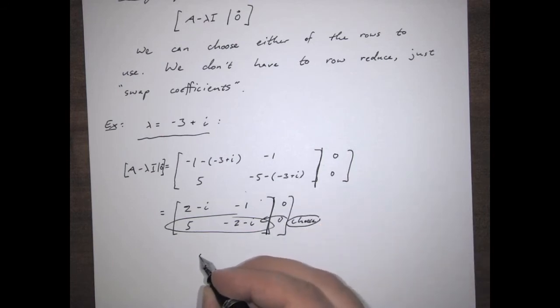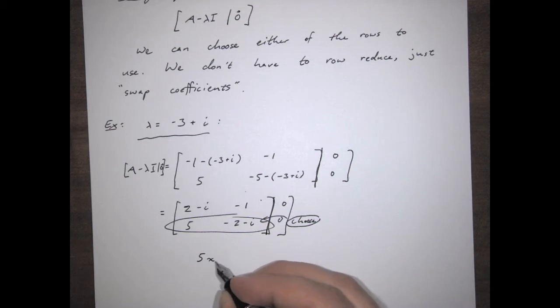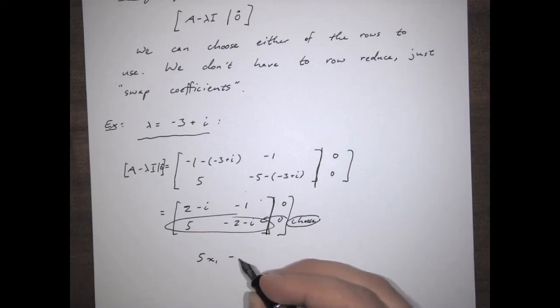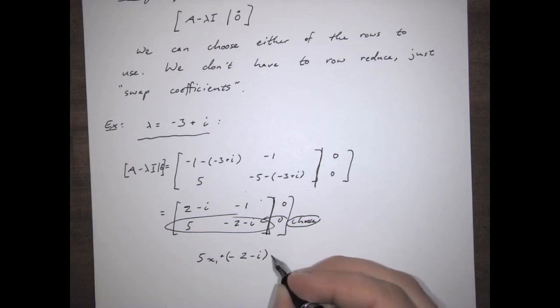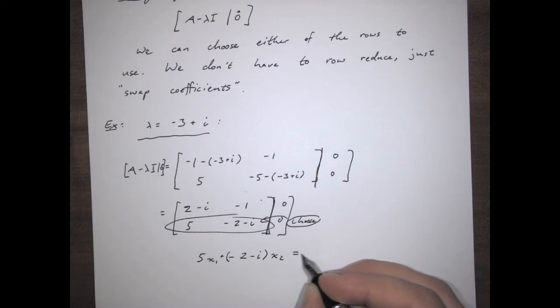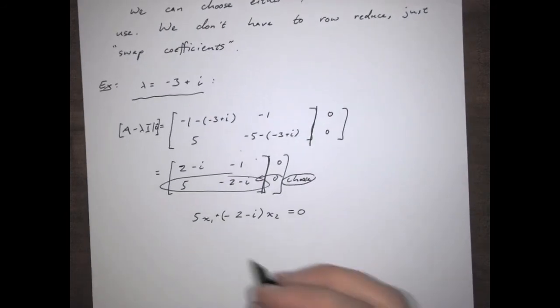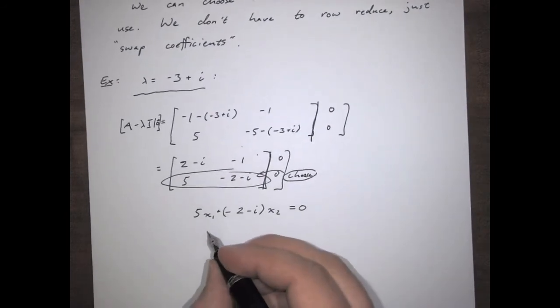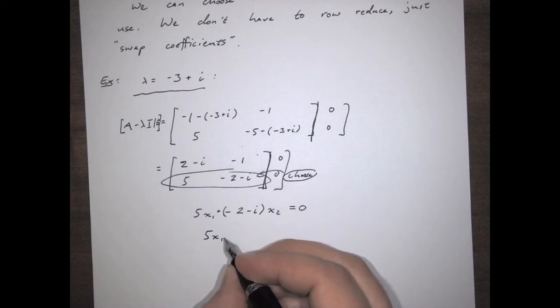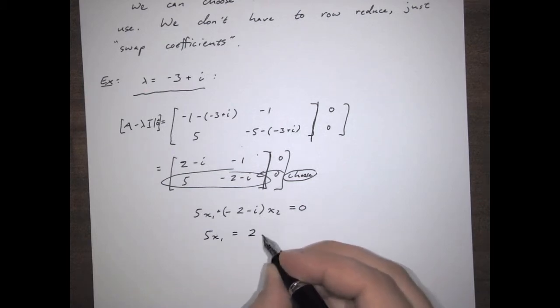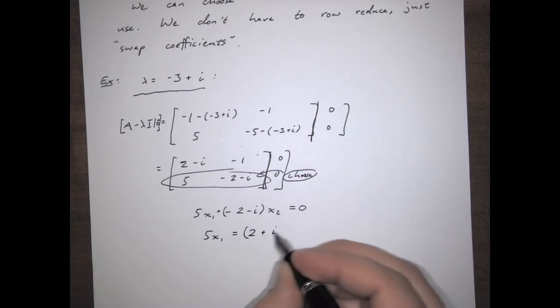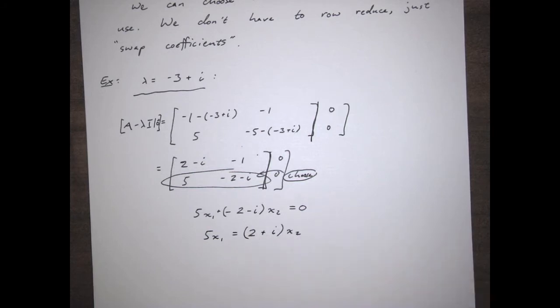And so what we're going to have is 5x1 plus negative 2 minus i times x2 equals 0. And so then what that means is 5x1, if I add this to both sides, is going to equal 2 plus i times x2.